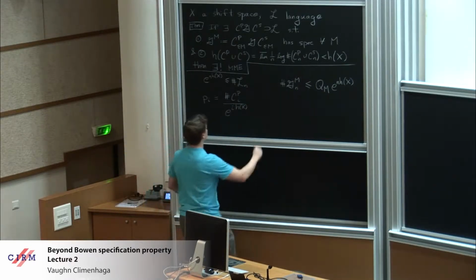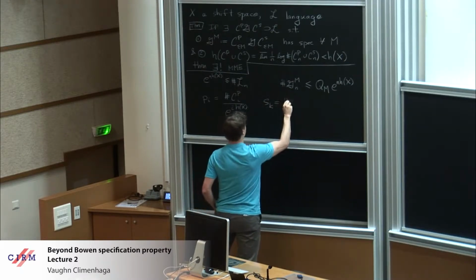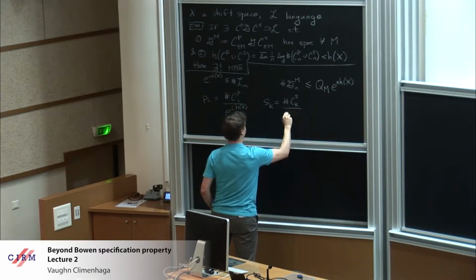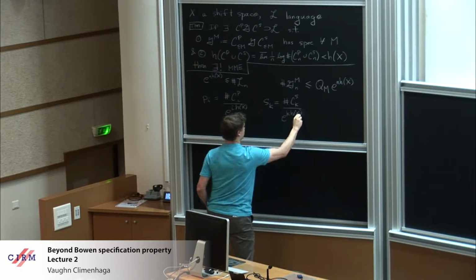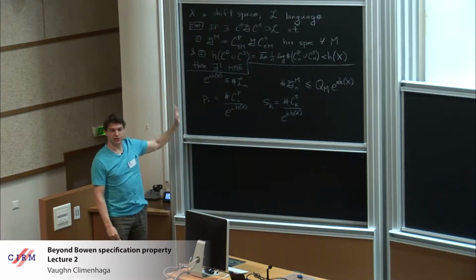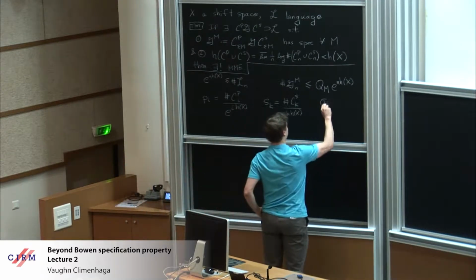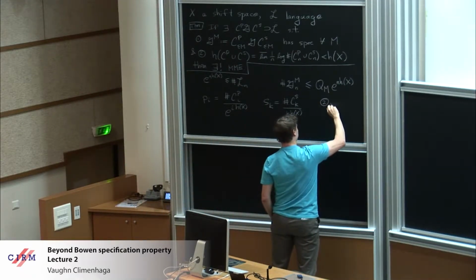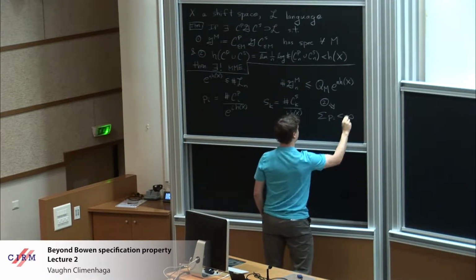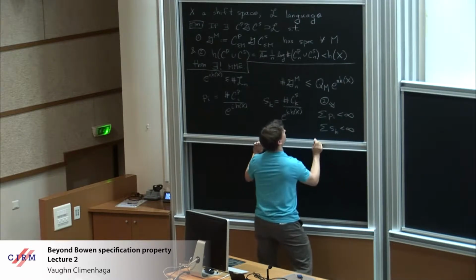And let S sub k be the number of suffixes of length k divided by e to the k times the topological entropy. Condition number 2 guarantees that both of these series are summable, and that's really the only thing we need it for. This guarantees that the sum of the p_i's is less than infinity, and the sum of the s_k's is also finite.